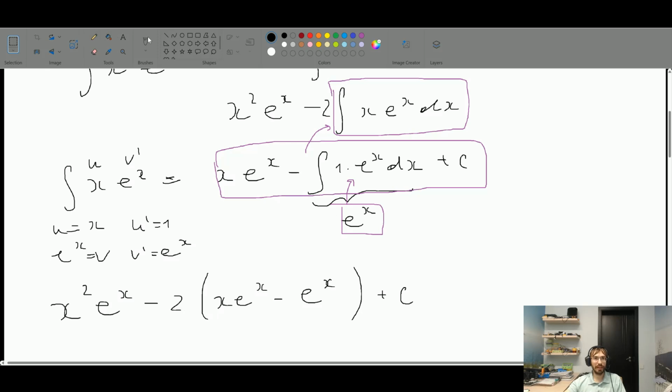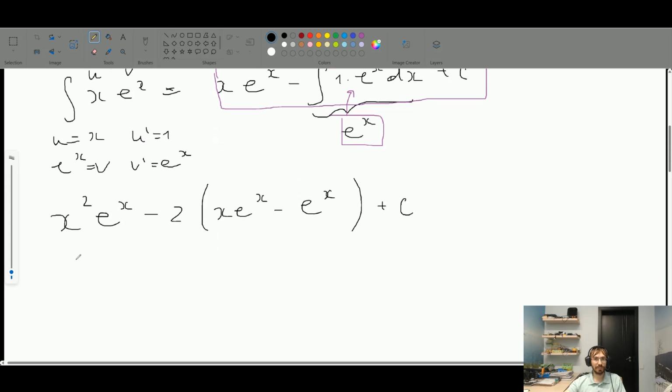So finally we have to open the brackets. How do we open the brackets? Well, we need to multiply everything by minus 2: x squared e to the power x minus 2x e to the power x, and then minus 2, or actually plus already, because minus times minus gives us plus, and then 2 e to the power x plus c.